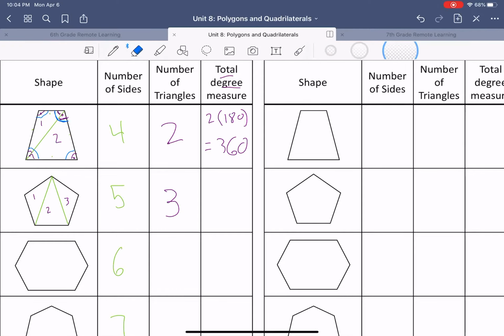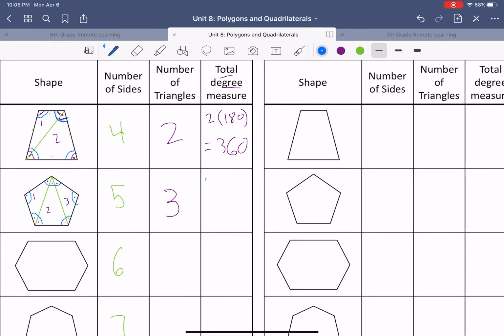So that means if I add up the angles of my triangles, all of them will equal 180 each. And once again, if I take all of my triangle angle measures, I notice that I get all of the angles in my pentagon.